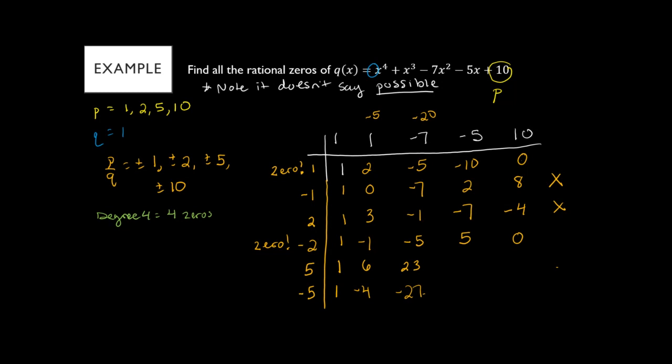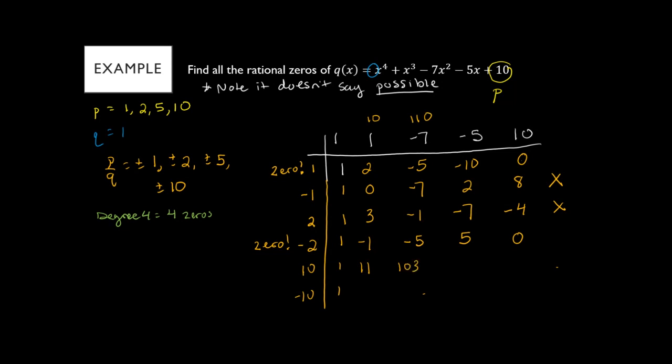So now I have 2 more numbers to check, 10 and -10. And normally I would keep going, but I've kind of run out of room on my screen here. So I'm going to just erase these and do 10 and -10. So 10 times 1 is 10. 10 plus 1 is 11. 10 times 11 is 110.